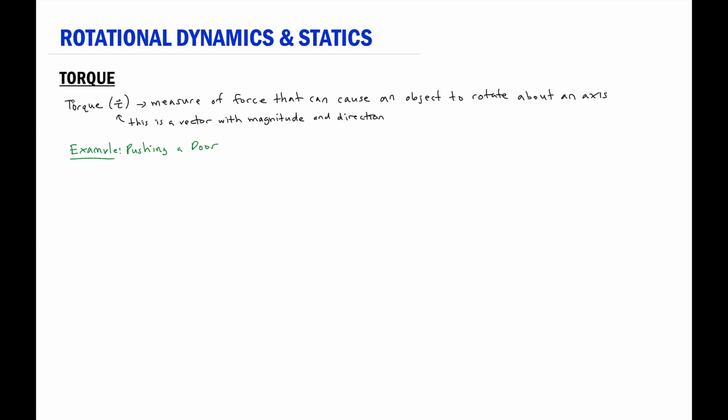So here's our door, and let's say this is the hinge that it's going to swing on. So we're going to call this the axis. And we're also going to push the door on the right side and use red to represent the applied push. So this is the applied force.